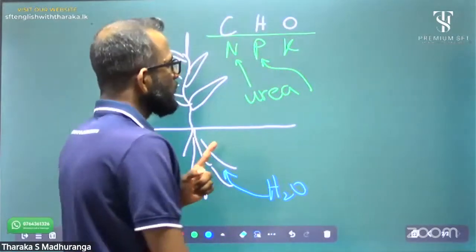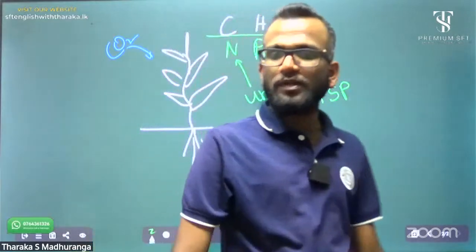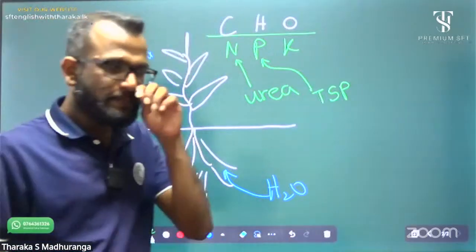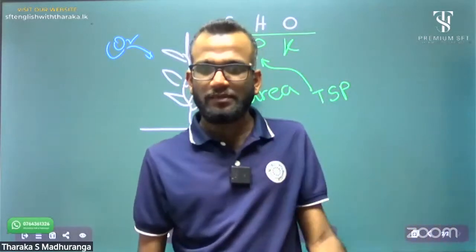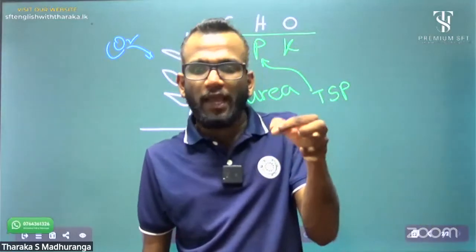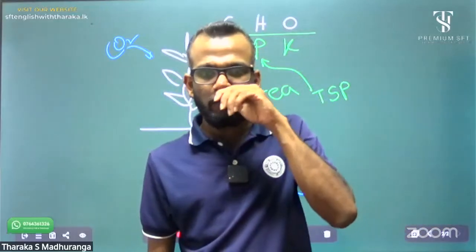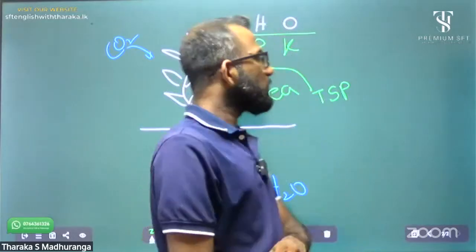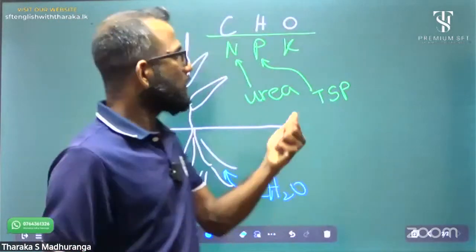Very good, that we call TSP. TSP means triple super phosphate. No, Joel, apatite is just a raw material. It is not a fertilizer. Now, in this lesson, we are discussing the production of TSP from Eppawala apatite. Eppawala apatite we can't use for short-term plants. I will explain now. I'm asking about fertilizers. Just finalize the fertilizer: TSP.